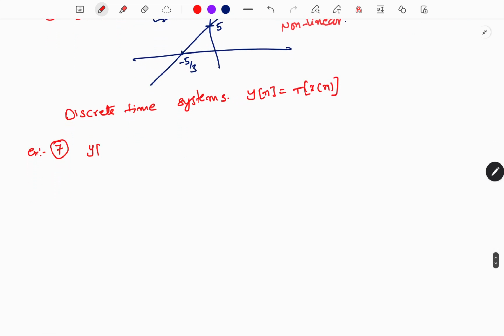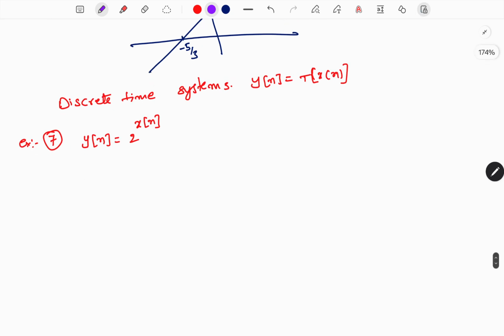Y of n is equal to 2 to the power of x of n. First we will explain the complete procedure for this one. x of n is replaced with x1 of n, then y1 of n is equal to 2 to the power of x1 of n.